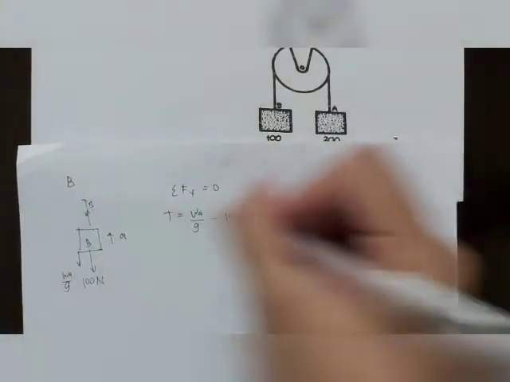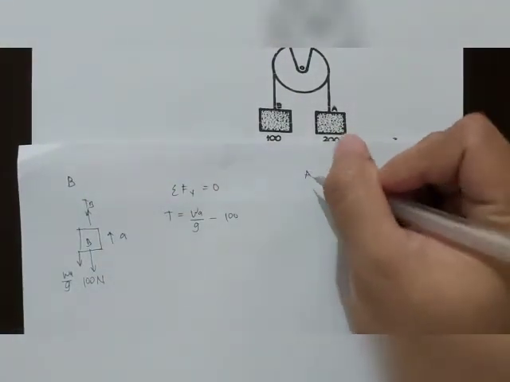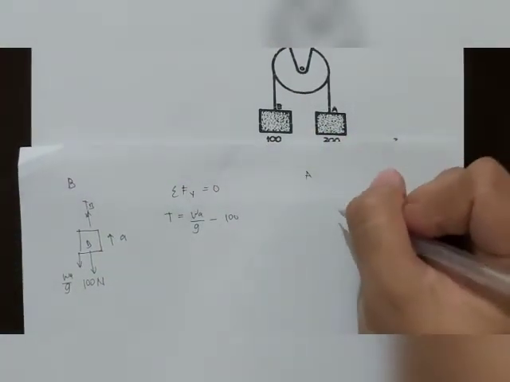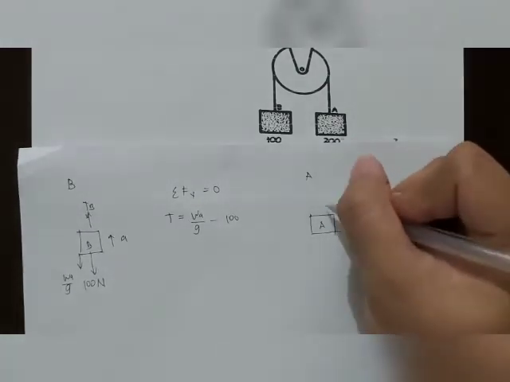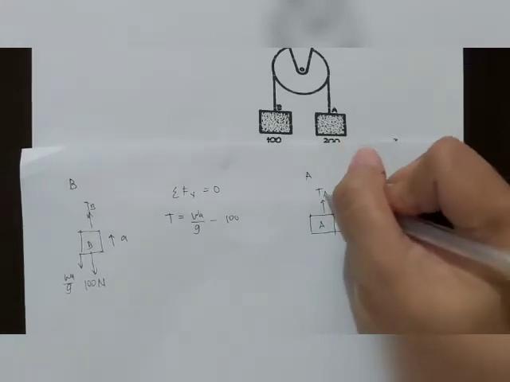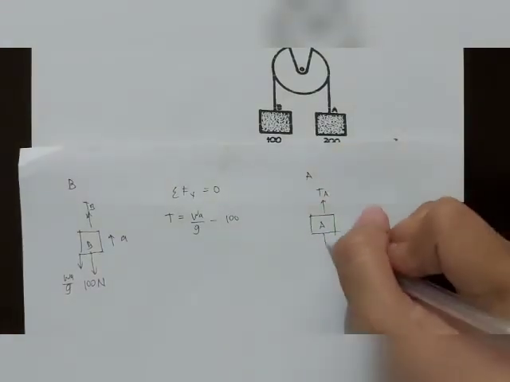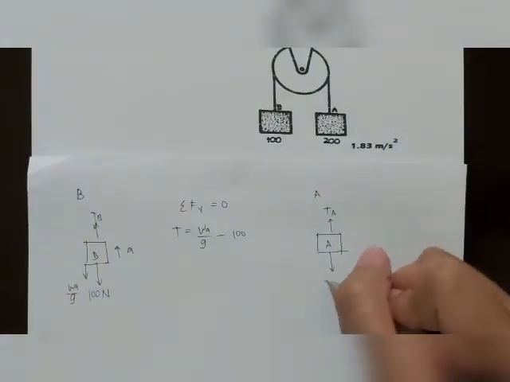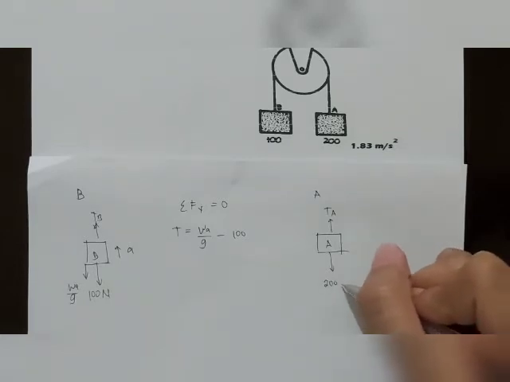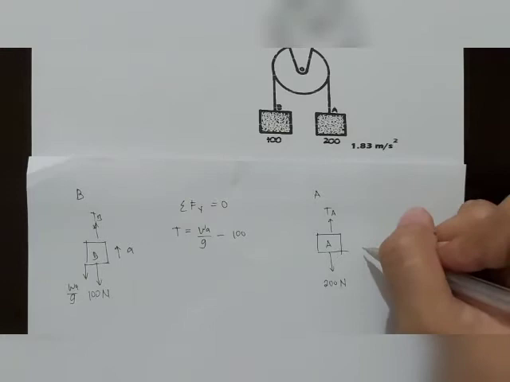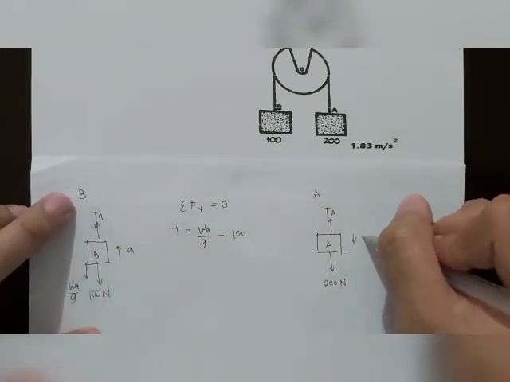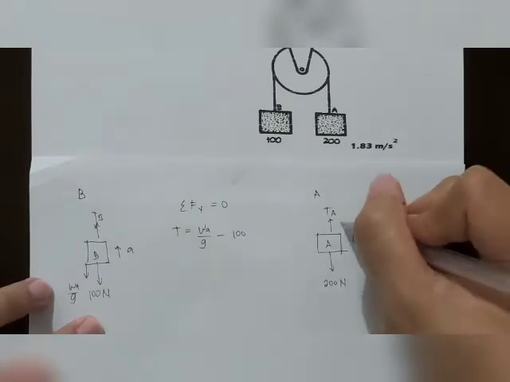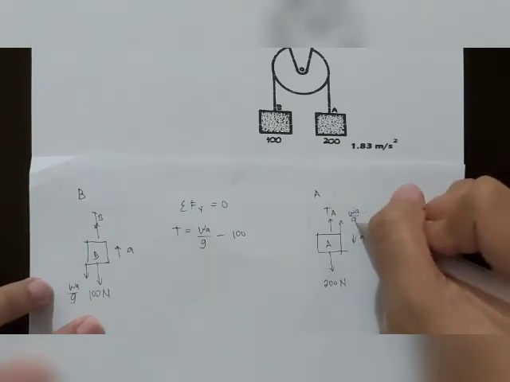So ito yung block B, so block A naman tayo. In free body diagram natin, we have yung block A natin, tension A, or yung tension in A, and then yung weight natin is 200 Newton. Then yung acceleration natin, so baliktad nung B, so we have pababa ang acceleration, so yung WA over G natin is pataas.